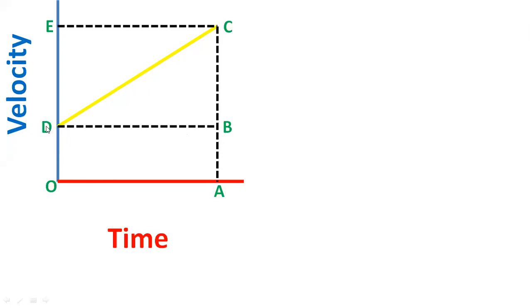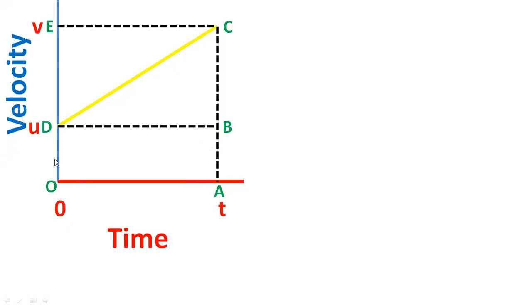So at point D, it would be initial velocity, that is U. I have mentioned final velocity. I have mentioned the time 0 because this is the starting point. And instead of mentioning a number, I have mentioned time as T here. So at point A, time is T seconds. Now let us begin.